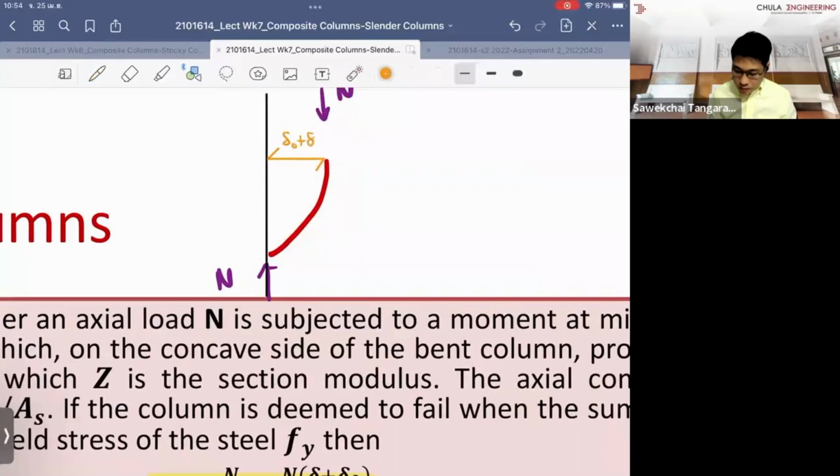You know that this will give you the secondary moment, which is equal to N times eta naught plus eta.